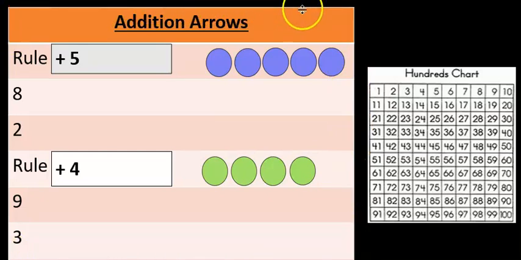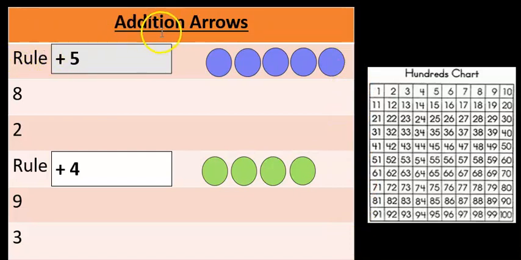Copy everything the way you see it. Do not copy this hundreds chart. You're going to use this just to look at and to see if your answer is correct. The only one that you are going to draw in your paper is this part, okay?